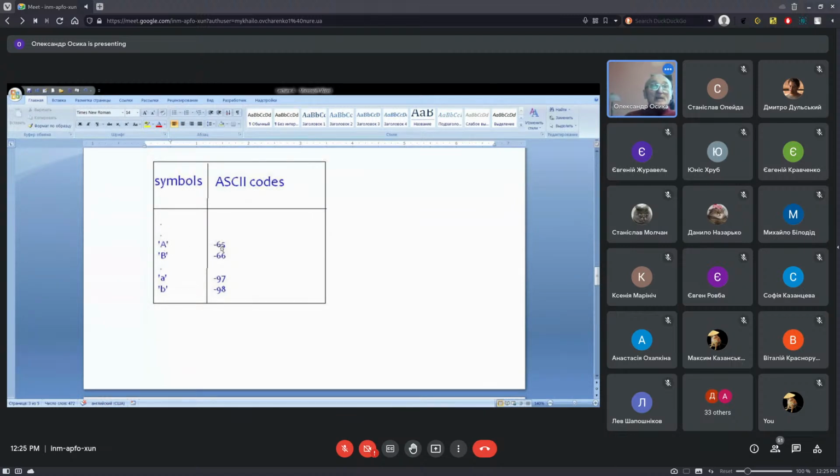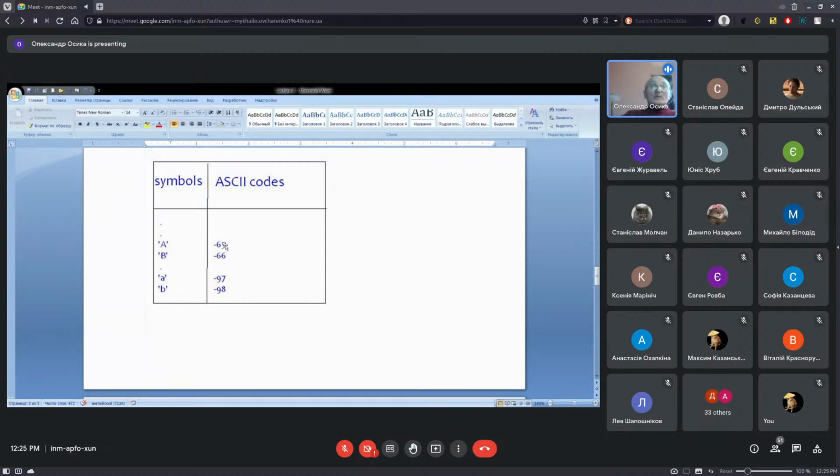So that's why I put those values for you, just to remember them. A capital has ASCII code 65, and A small 97. After that, you can get any ASCII code for the Latin or English letters.